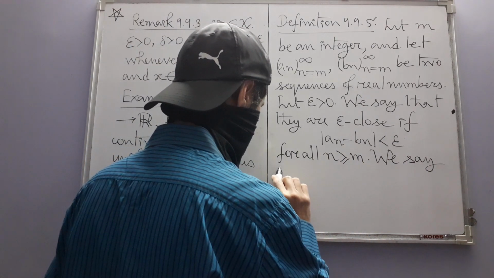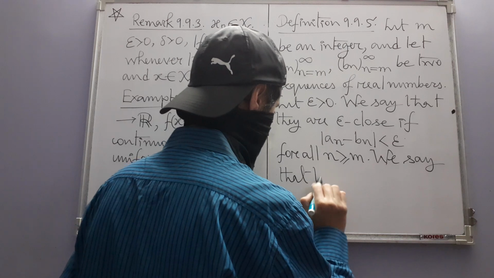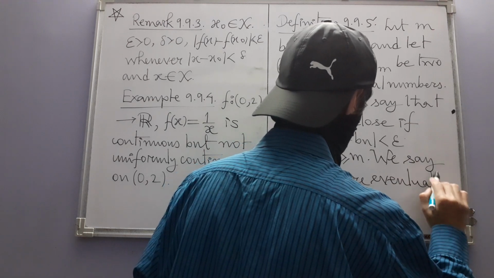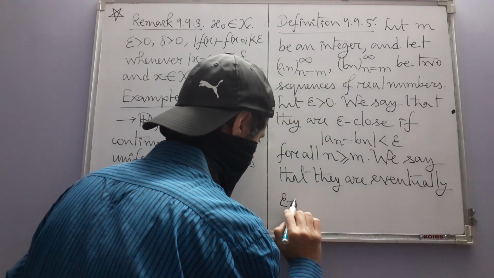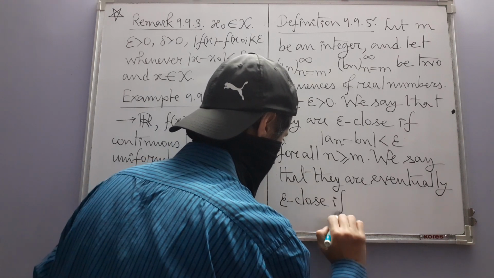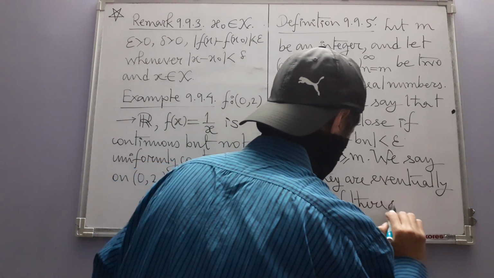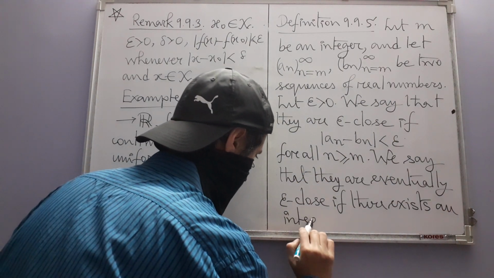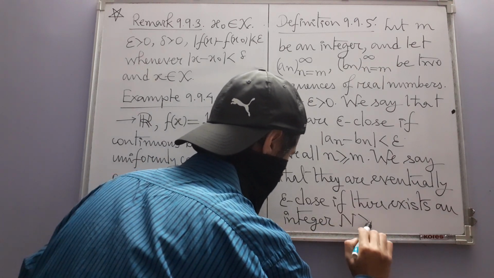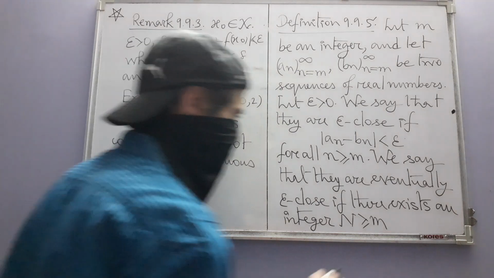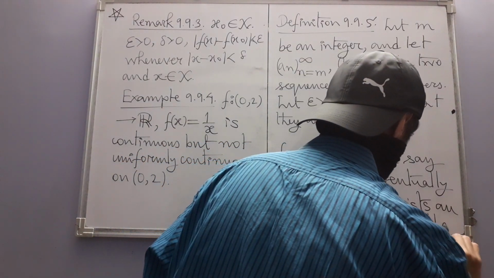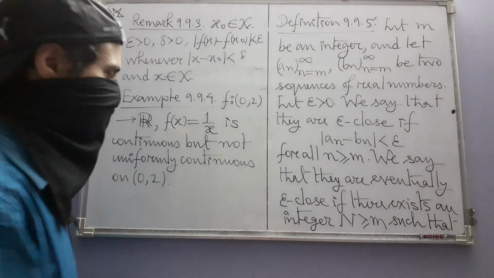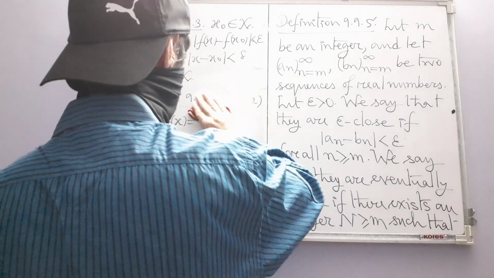We say that they are eventually epsilon close if there exists an integer N which is at least m such that, from the experience that we have with this kind of thing, you can guess what I'm going to write next.